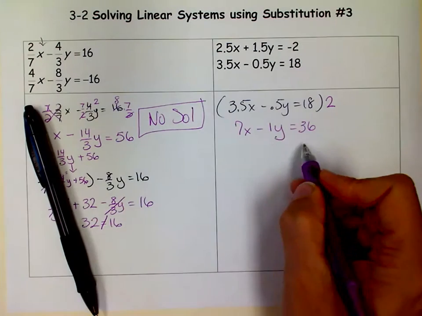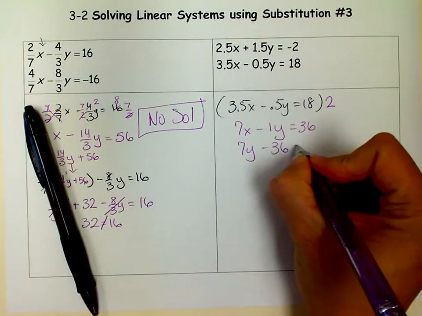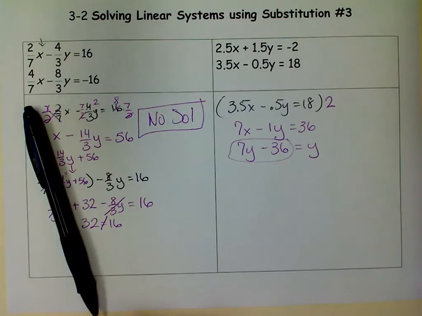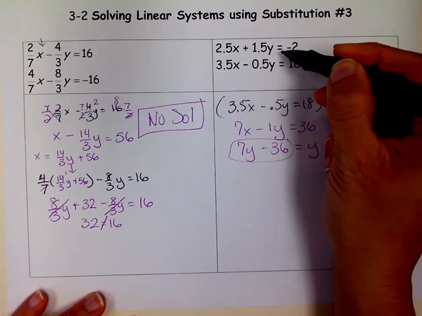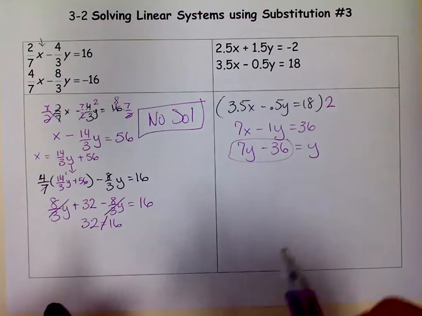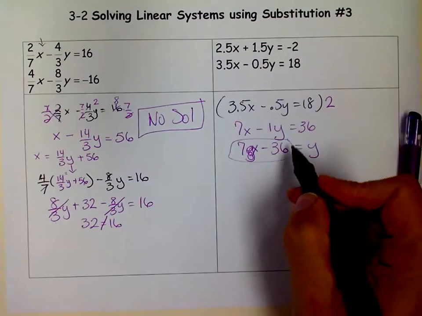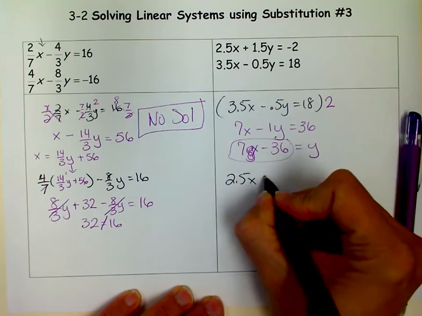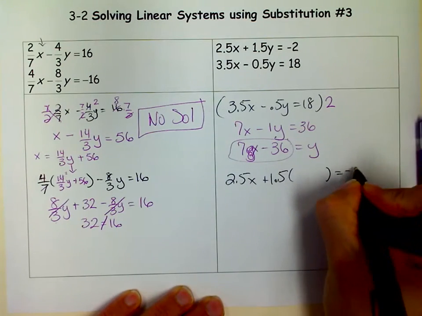And so to get y alone, I'll move it to the other side and move the 36 over. And I'll get y equals 7x minus 36. And that is what I'm going to put in this equation. I'm sorry, that is an x. That is what I'm going to put in this equation for y. So I'm going to rewrite that first equation, but instead of y, I'm going to put my new y.